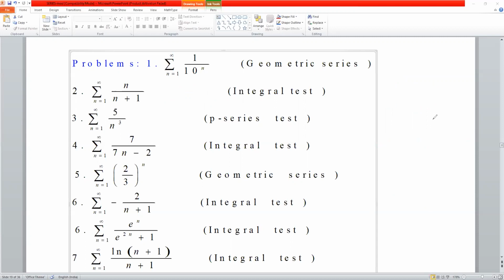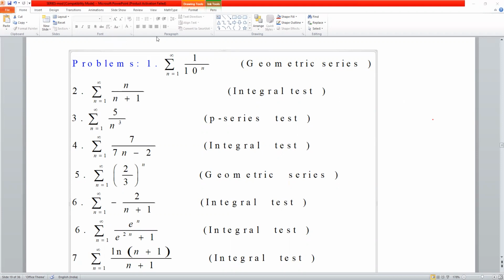Let us take the third example here. Summation of n is equal to 1 to infinity 5 by n cube.